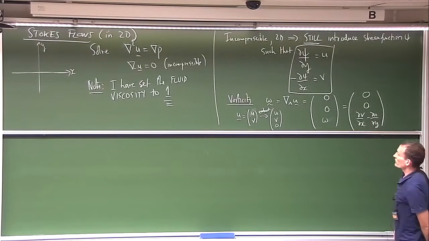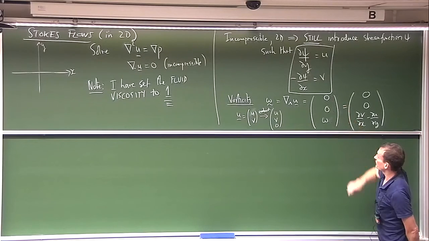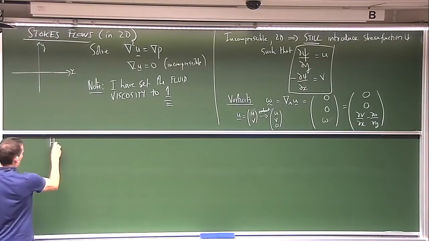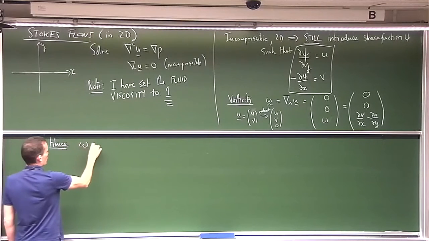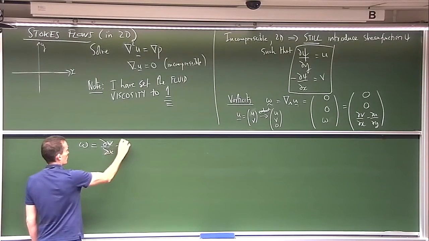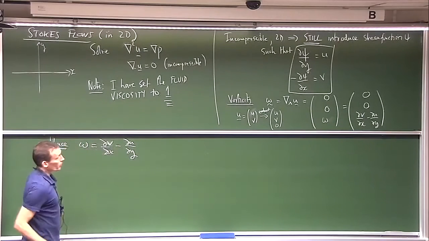So this allows us to deduce what this vorticity is in terms of psi. It's dv by dx minus du by dy. Now let's substitute from the box.